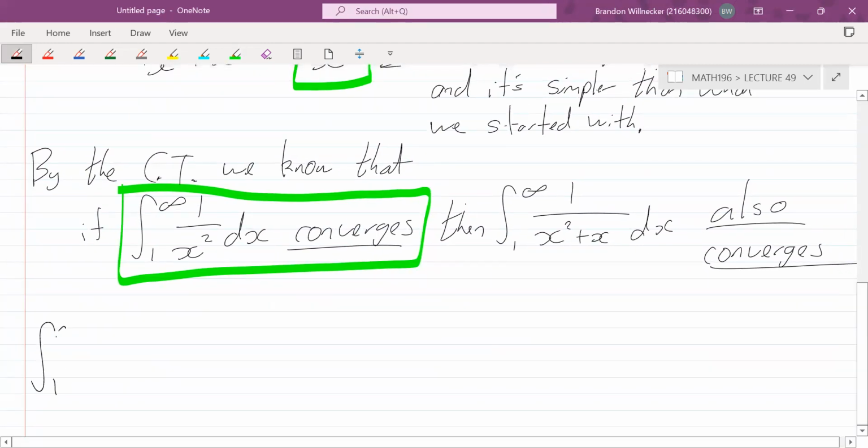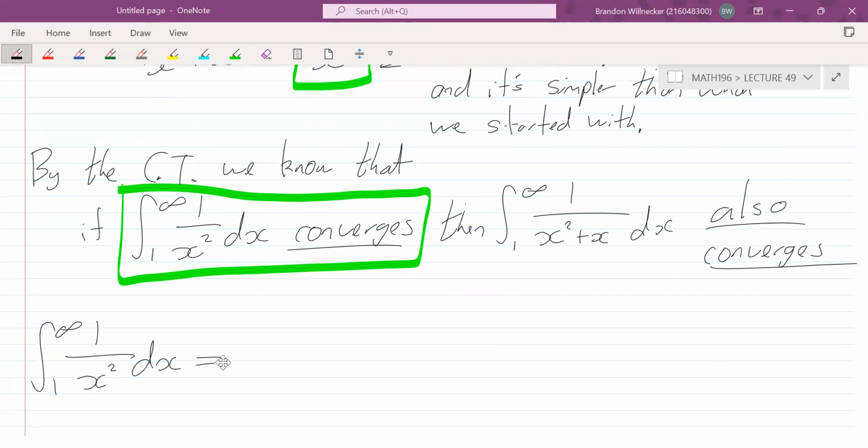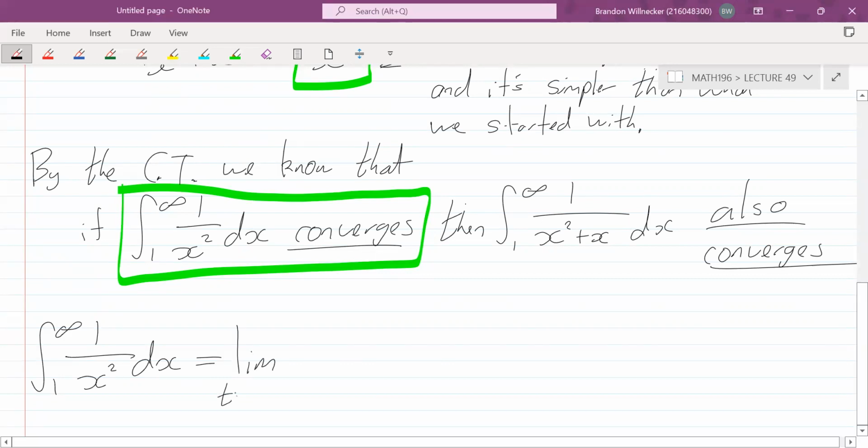So we have the integral from 1 to infinity, 1 over x squared dx. The upper bound is infinity, so we've got ourselves an improper integral. So this becomes the limit as t goes to infinity, integral from 1 to t, 1 over x squared dx.